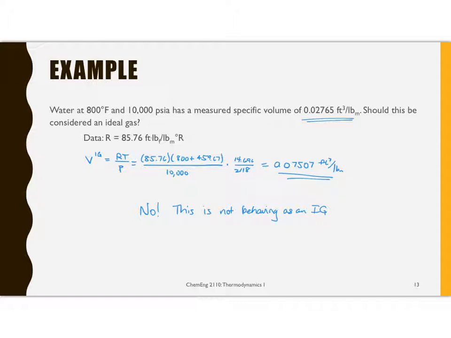And so this went to being something that was most definitely not an ideal gas. Now we will, like I say, be coming up with some ways that I can do a more predictive job of whether something is an ideal gas rather than having to wait until I calculated a value and compare it to a measured value.